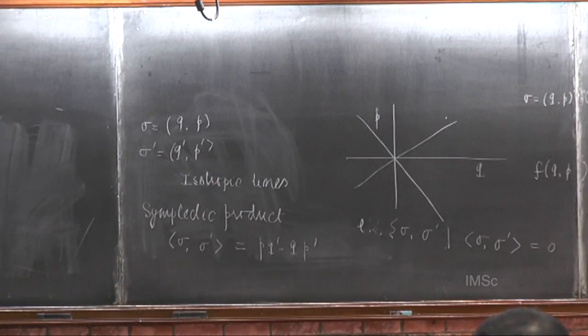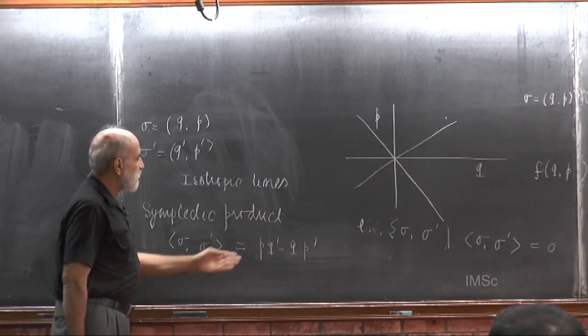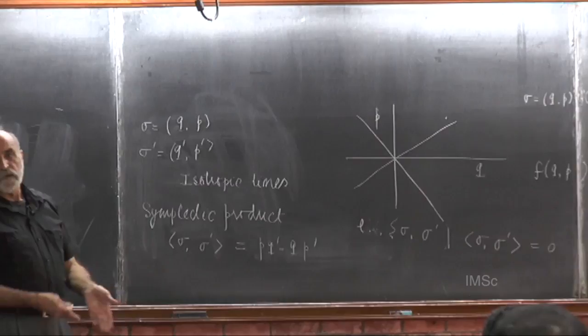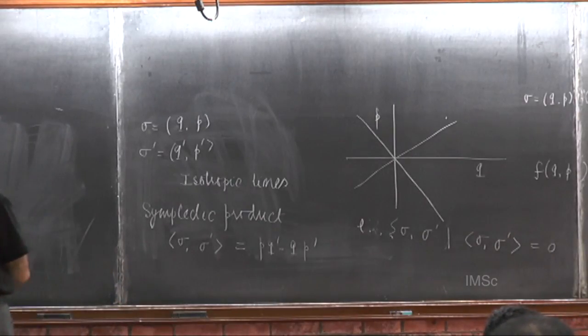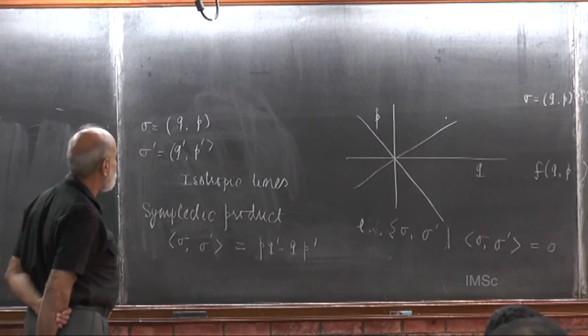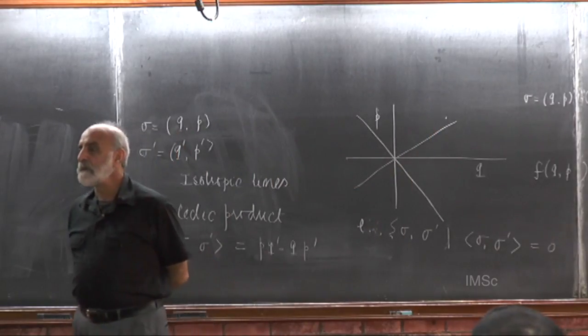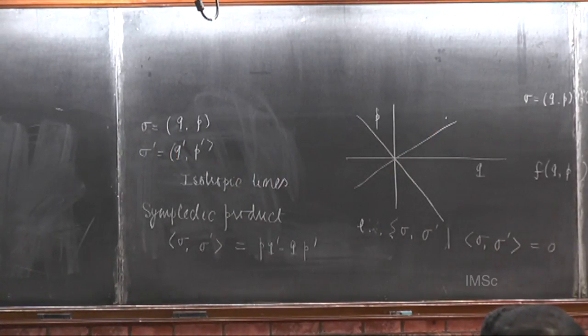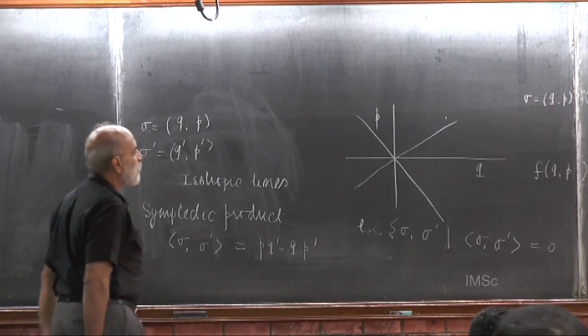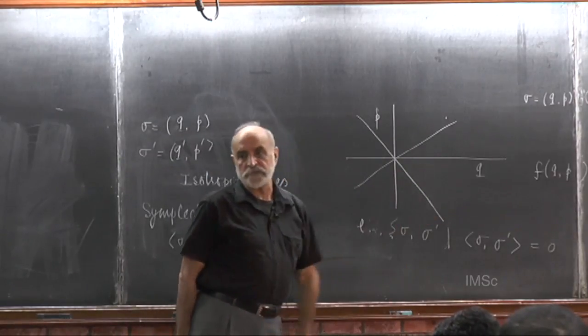Please stop me at any point if you have any query or if there is something which I have not stated clearly. So, if you set this equal to 0 in the q p plane, this describes a straight line through the origin with the slope p prime by q prime, and therefore describes an isotropic line. So a line in the phase space is a set of points sigma and sigma prime such that the symplectic product of any two is equal to 0.